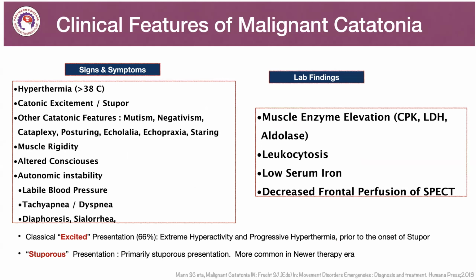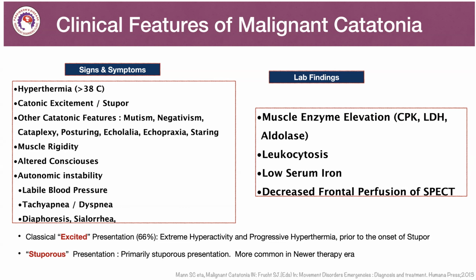The symptoms are similar to many of the emergencies we discussed, which include hyperthermia, catatonic excitement or stupor, other catatonic features such as mutism, negativism, catalepsy, posturing, echolalia, echopraxia, staring, along with Parkinsonian features, altered consciousness, and autonomic dysfunction.